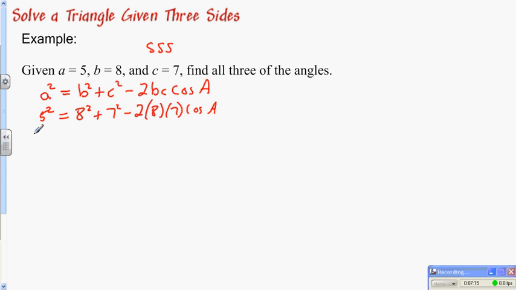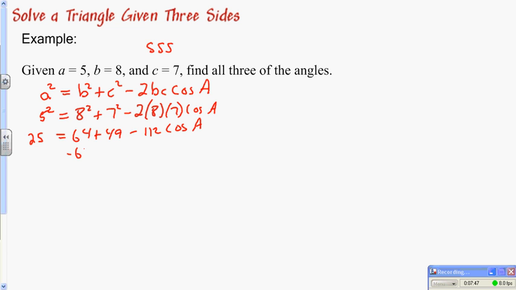This one takes a little bit more figuring because we have to solve for A. Now, how much of this you do in your head is up to you. If you take negative 2 times 8 times 7, you get negative 112, so minus 112.